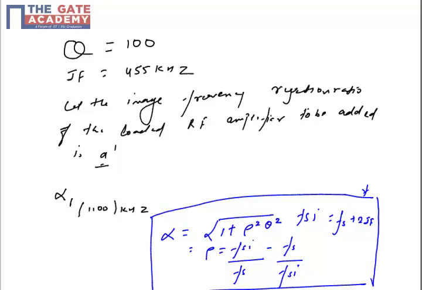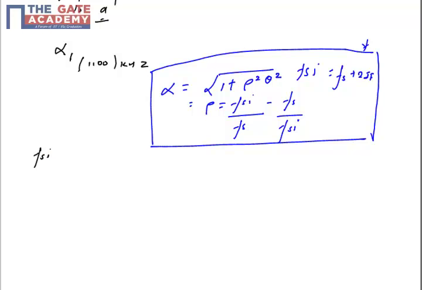Now for the first case, FSI is the signal frequency 1100 plus 2 into 455 kilohertz, that is 2 IF. So it is equal to 2010 kilohertz.